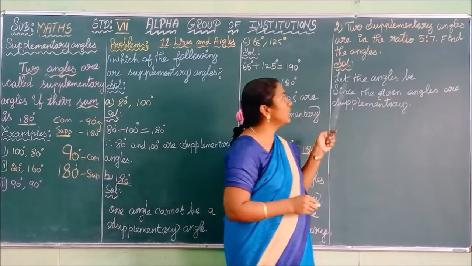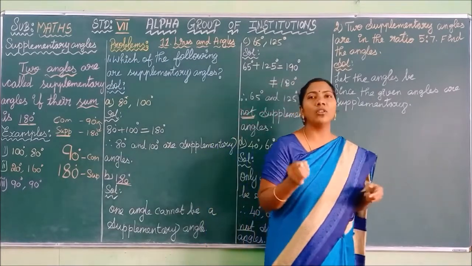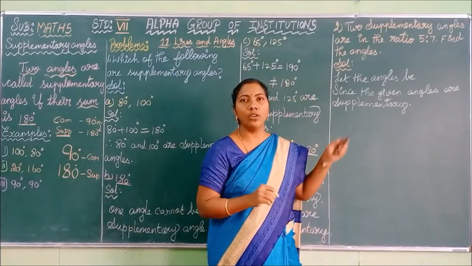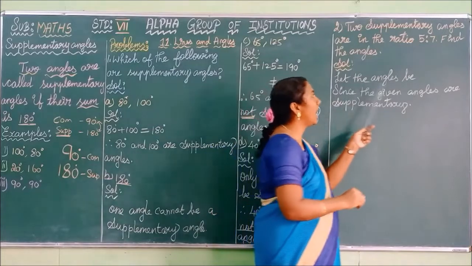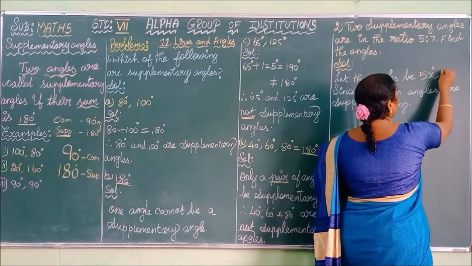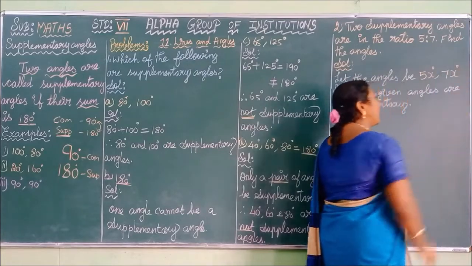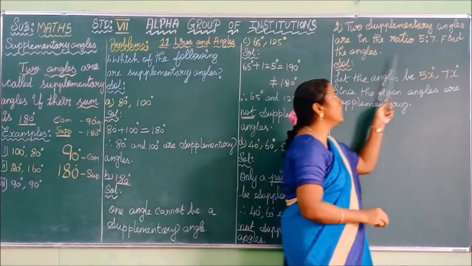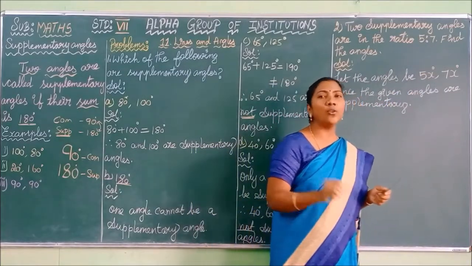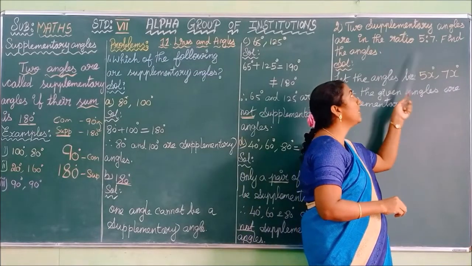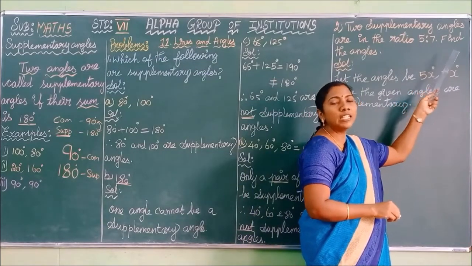Okay. So first of all, we have to take the unknown things as a variable. Here I am using the variable x to denote this. Let the angles be 5x and 7x. Why am I taking the angles as 5x and 7x? Because in the question they have given that they are in the ratio 5:7. So we have to take the angles to be multiples of 5 and 7.